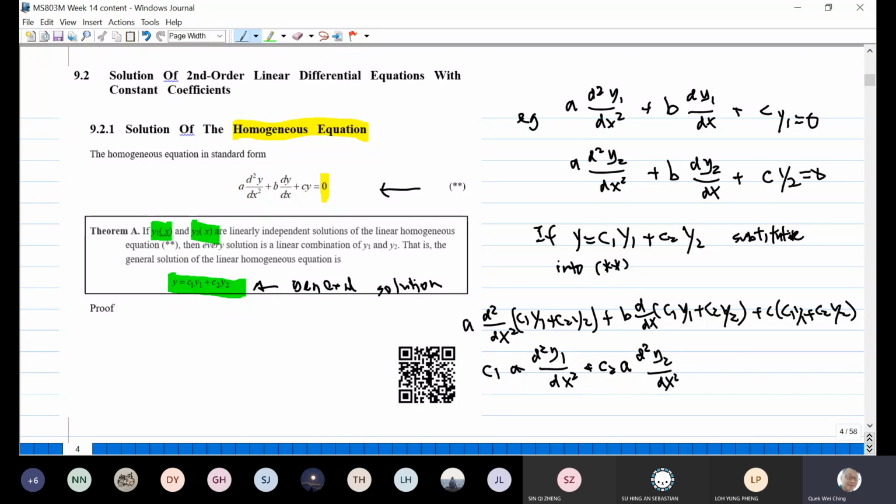So this is what I get for the first term. Then b c1 dy1 over dx plus b c2 dy2 over dx. So let me put it across.